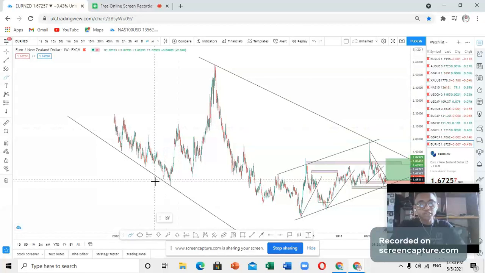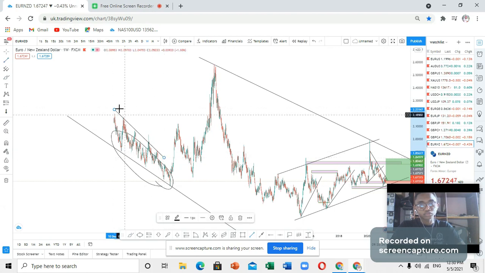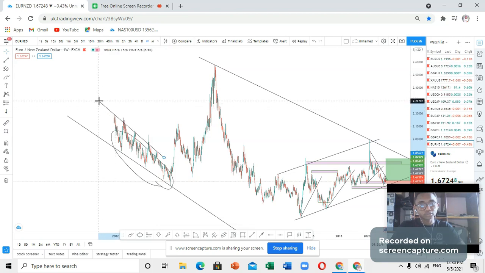But as you can see, we are having several touches to the downside at this point here, and at the same time we are having this kind of resistance point, but still it was a downward trend, in other words a bearish trend moving to the downside. And then we had a kind of breakout out of this position.